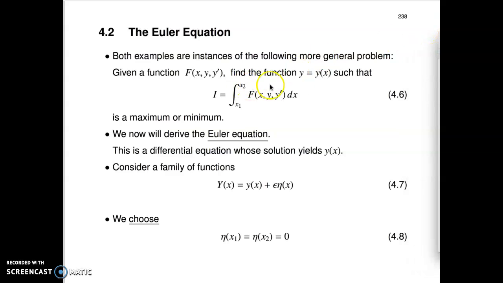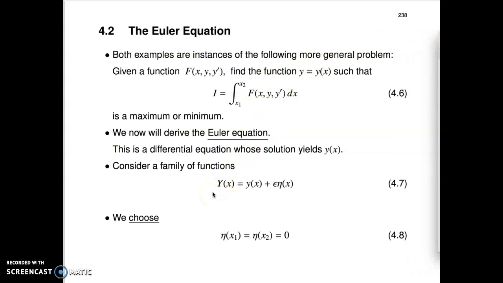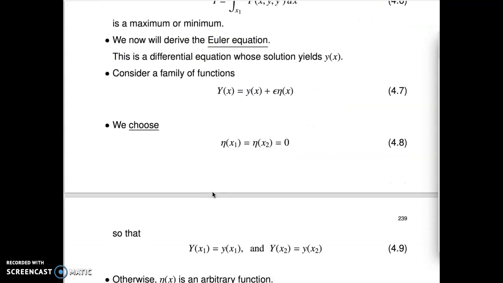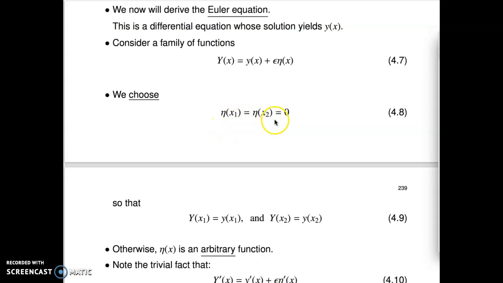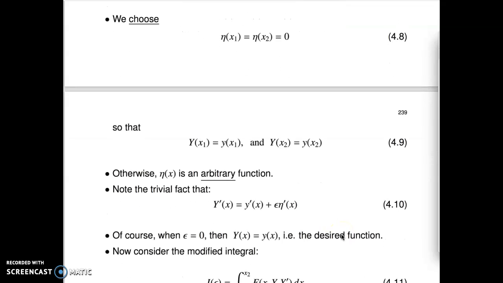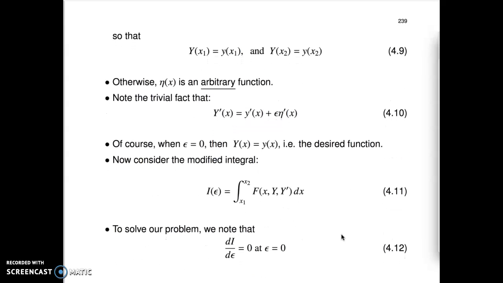Okay, so the equations that follow in these slides are just the same equations. We've already said that we're choosing eta to be 0 at the two endpoints, and that of course means big Y equals little y at x1 and x2. But otherwise eta is an arbitrary function. And I've also said big Y primed is equal to little y primed plus epsilon times eta primed.